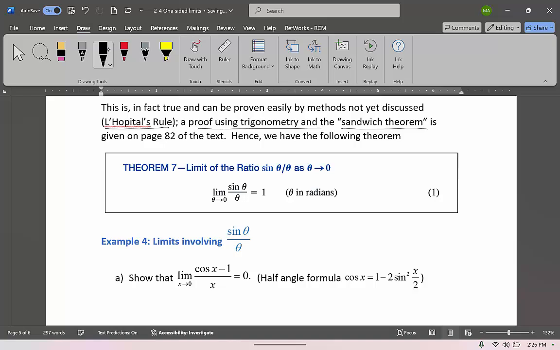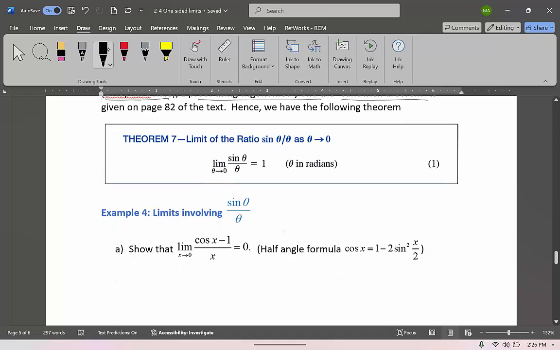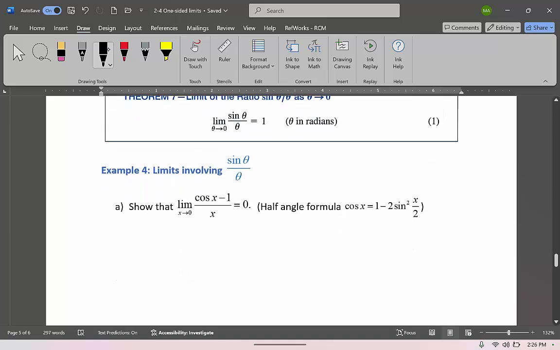And that basically means that if we can take something and write it in terms of sine of theta over theta, then we can actually evaluate that limit. So for example here, it says to show that this limit is actually equal to 0.